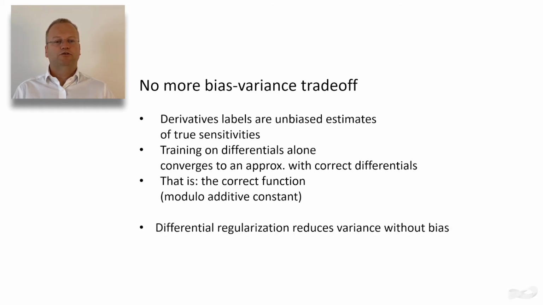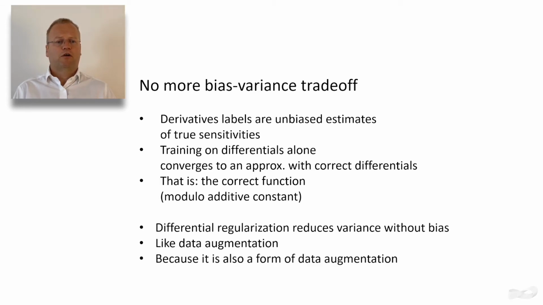It just reduces variance in a similar way to data augmentation in computer vision. Differential machine learning also augments the training set with differentials and allows machine learning models to learn the correct shape of the functions they want to approximate. It is also a form of data augmentation.